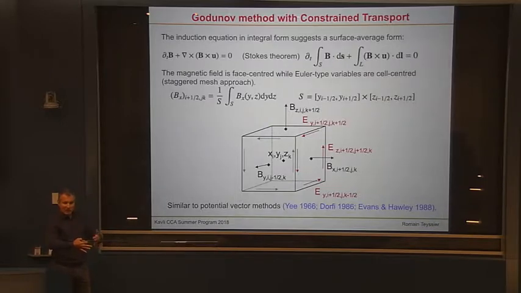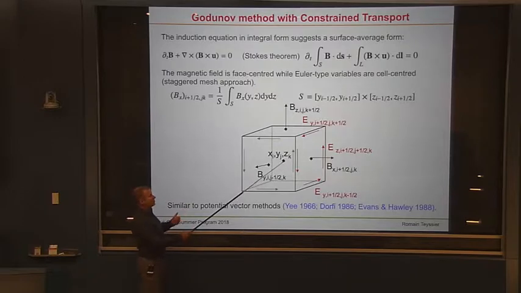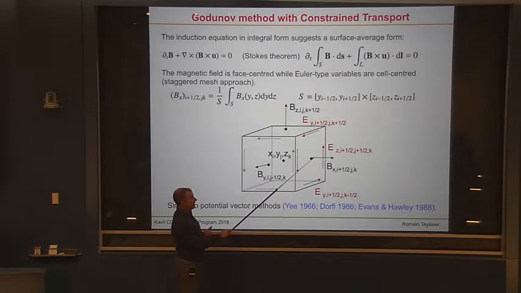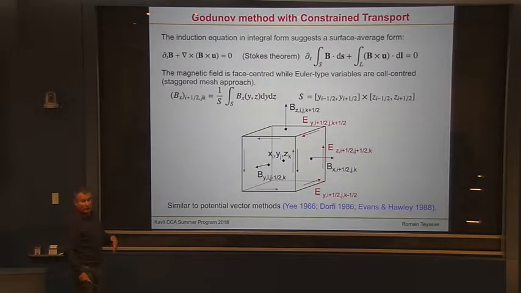One set of variables, density, momentum, energy, are defined as a volume average, and you can assign them to the center of the cell, while the magnetic field is defined as a surface average, and you can assign its location to the center of the surface of the mesh. So you have this duality, these dual meshes, which makes it a little bit more complicated.